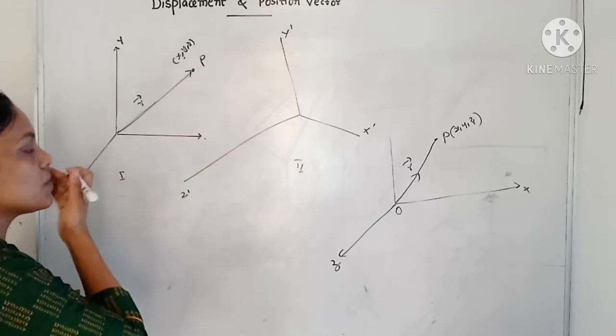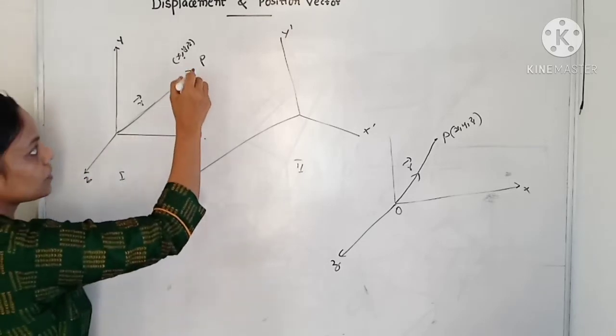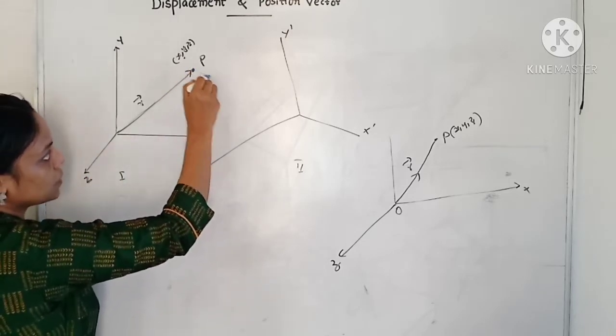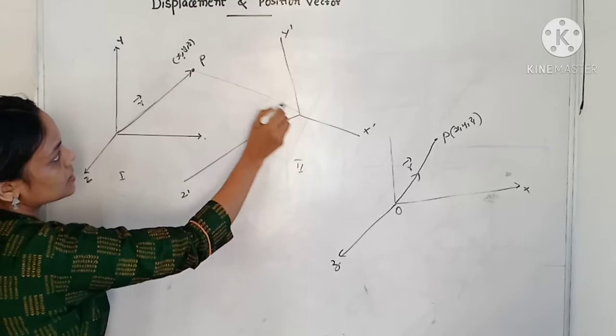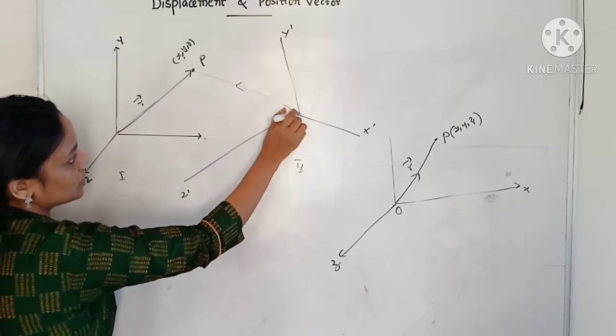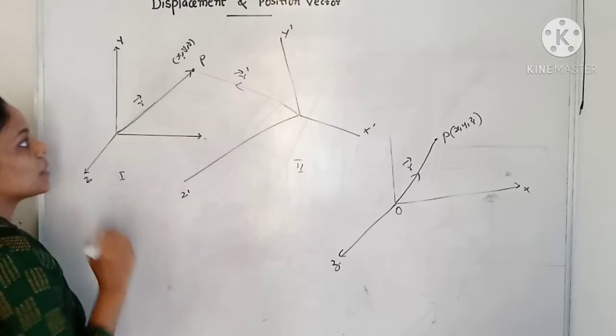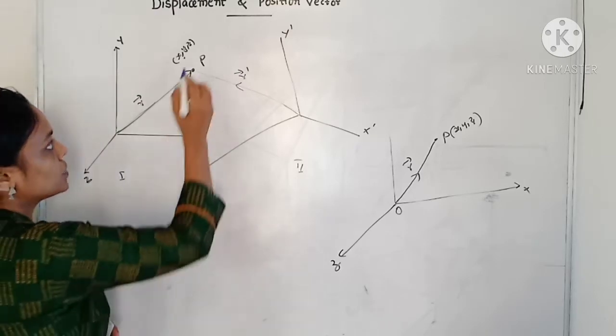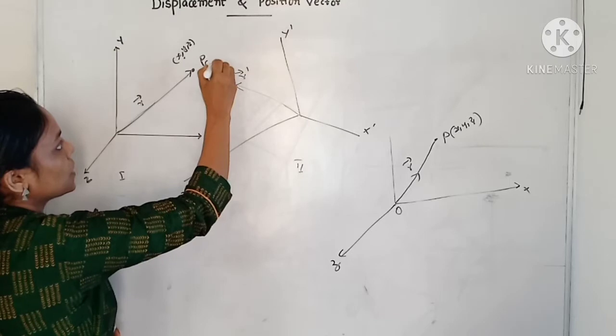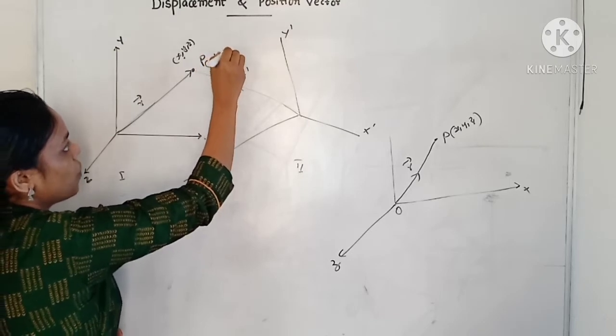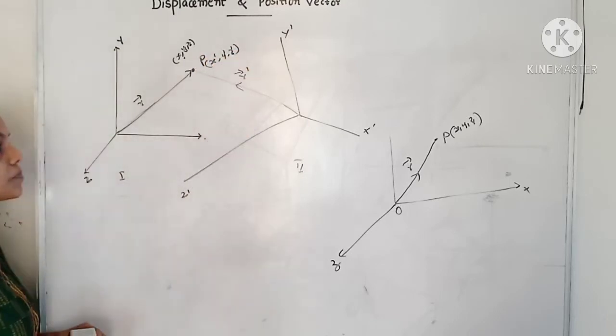The position vector of P from the second coordinate system, let us take it as vector r dash, and the position of the point P from the second coordinate system is x dash, y dash and z dash.